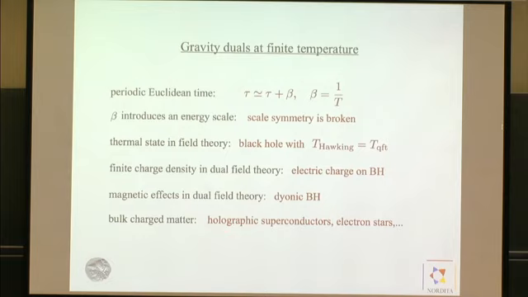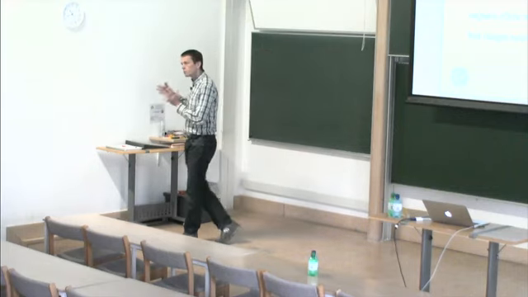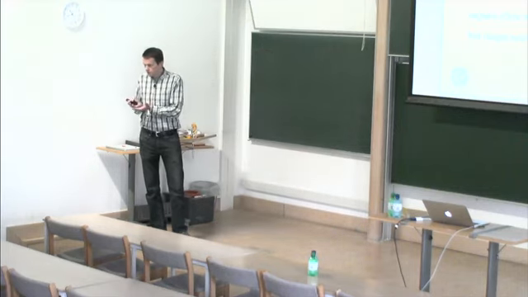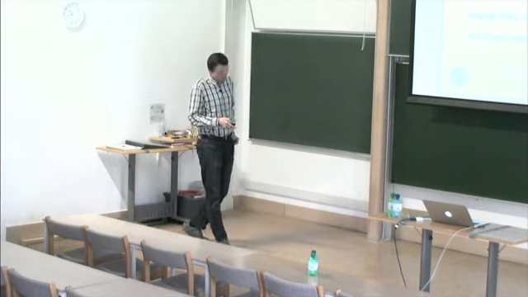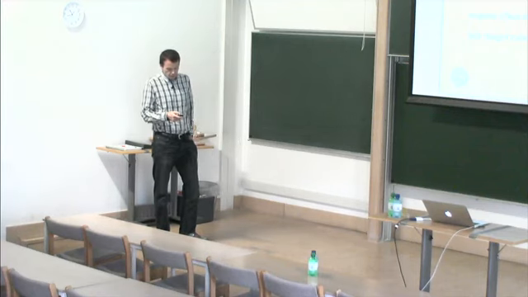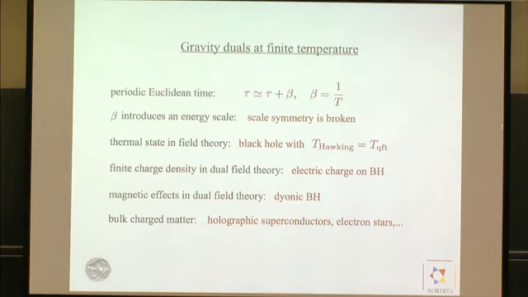But what we want to focus on is when you put fermions into the bulk, and we want to look for evidence for a Fermi surface in that system. So you want to study the Fermi surface and properties of it in the dual field theory, but for that you need to have finite charge density.